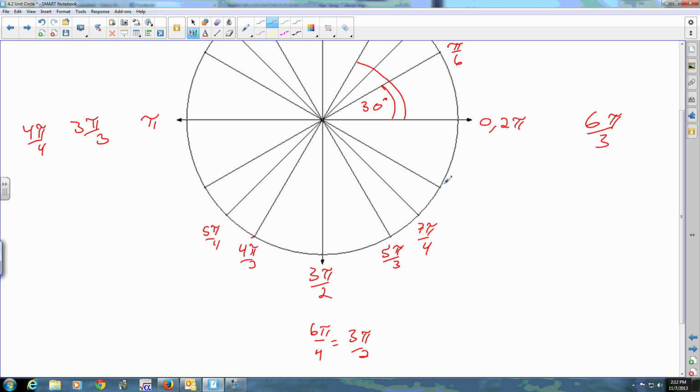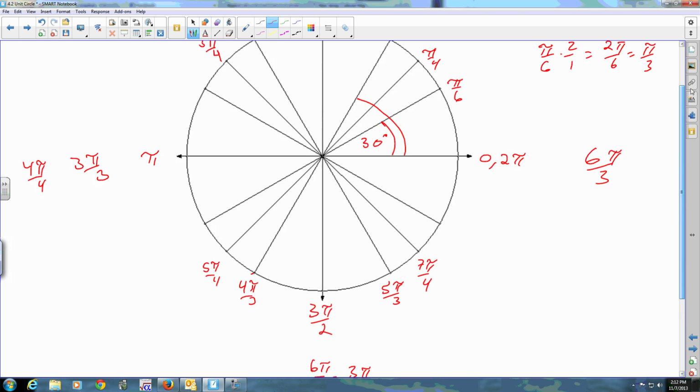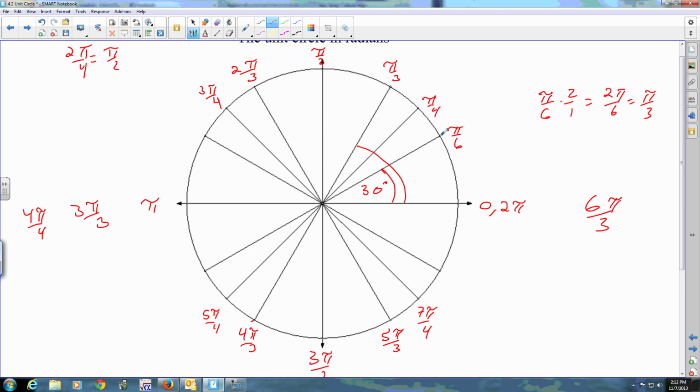Okay? Go to the 30s. 1 pi over 6, double it, 2 pi over 6, triple it, 3 pi over 6, quadruple it, 4 pi over 6, 5 pi over 6. This is going to be 6 pi over 6. And notice, this is 1 pi over 6 less than 6 pi over 6.